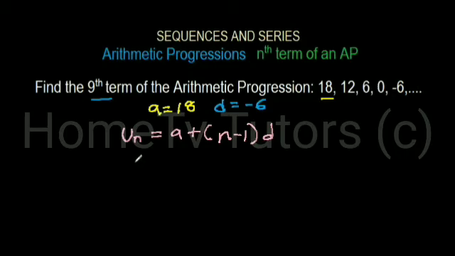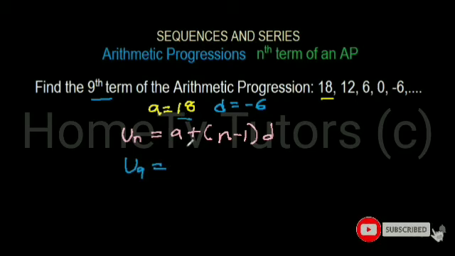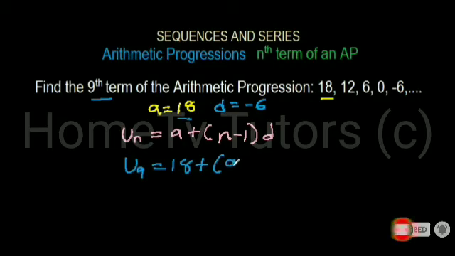So U9 equals the first term, which is 18, plus (9 minus 1) times the common difference, minus 6.